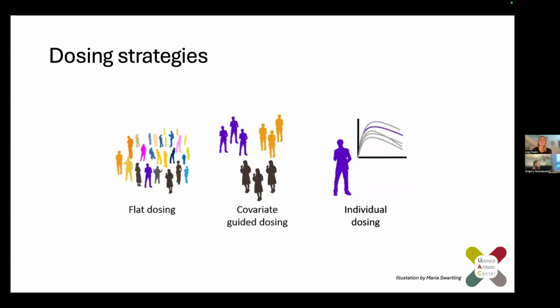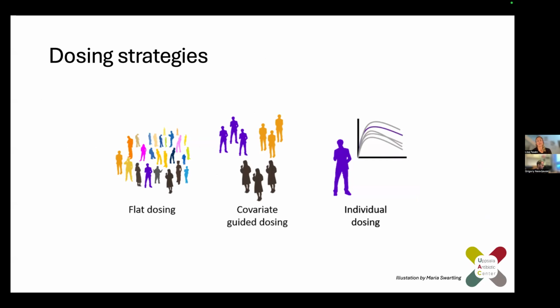Dosing strategies today in clinical practice can be divided into flat dosing, covariate guided dosing, and individual dosing. The most basic way of dosing is flat dosing. Then we give the same dose for a certain condition to all patients.